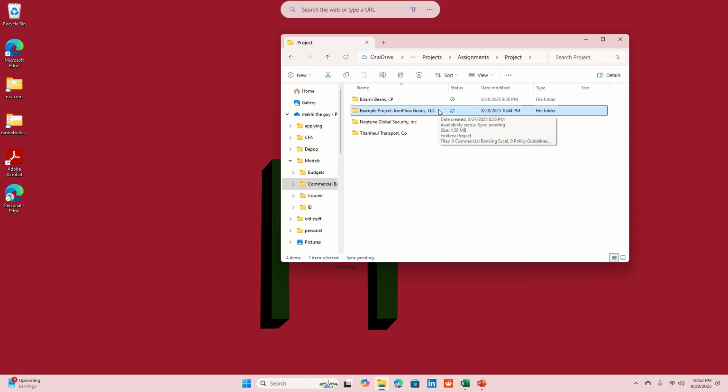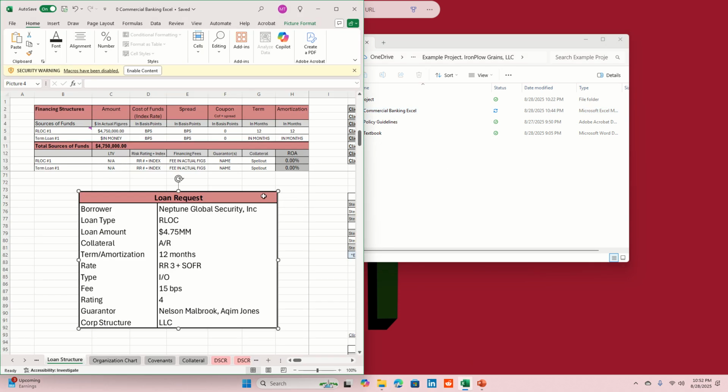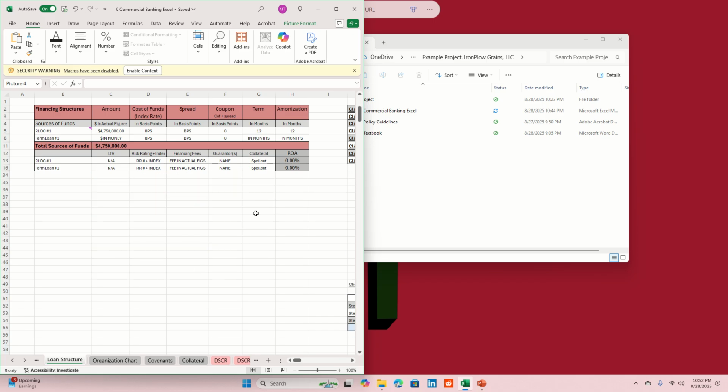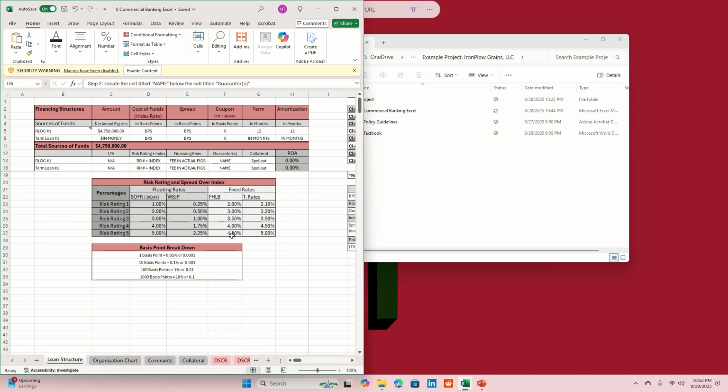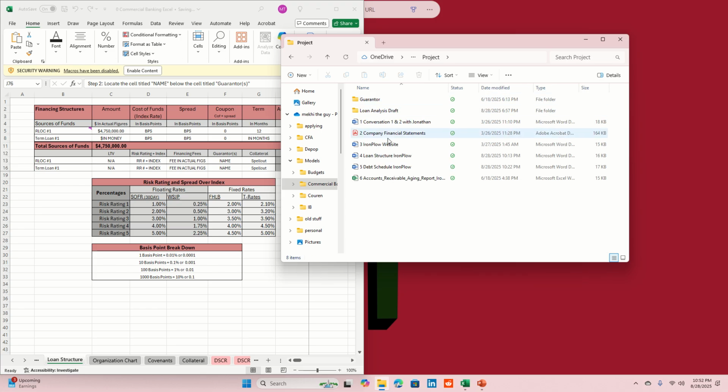So with Iron Plow Grains LLC, we're going to click into it, and we're going to need to open Commercial Banking Excel, which is titled 0 Commercial Banking Excel, and I already have it open over here. And then we're going to need to open the file titled project, and then I need you to open number 4, loan structure iron plow.